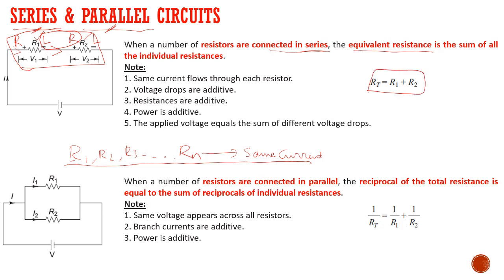The two resistors, R1 and R2, can be replaced by a single resistor RT, meaning total resistance, with the same current flowing and the same supply voltage V, with positive and negative terminals.